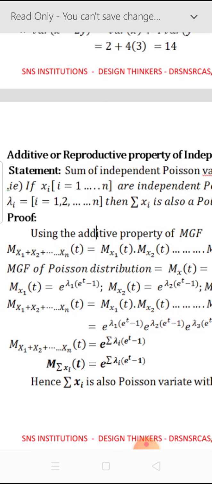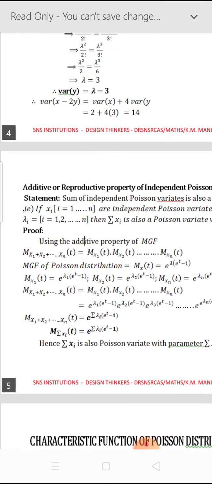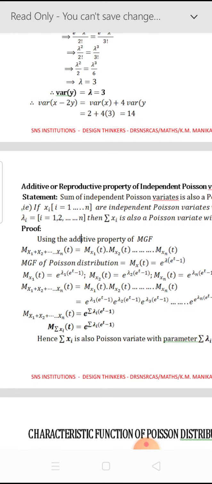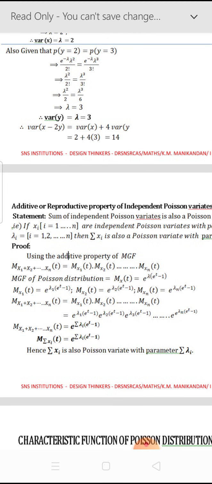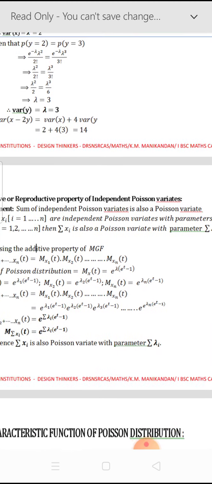Next we see the additive property, or the reproductive property, of independent Poisson random variates. Here we are going to prove that the sum of independent Poisson variates is also a Poisson variate.